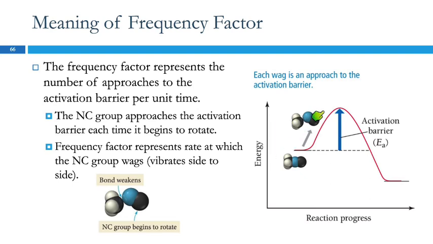Each wag is an approach to the activation barrier. If it wags with enough energy to get all the way up here, then it can go forward and react. If it doesn't quite work, it comes back down. I just thought of another analogy.